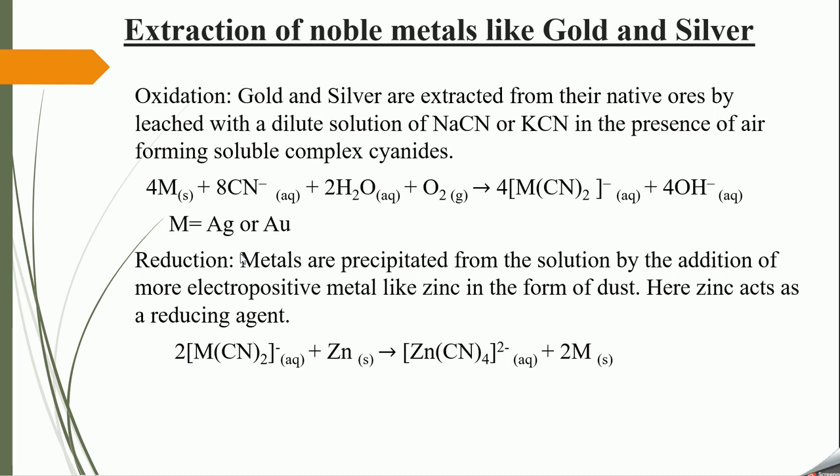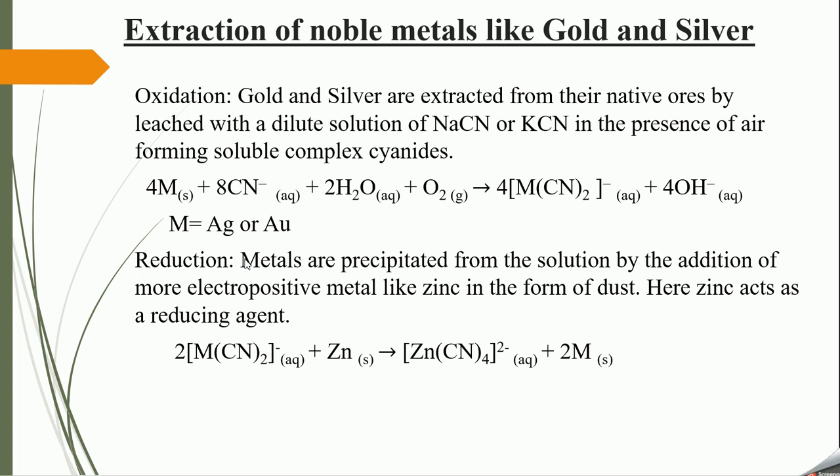Then you studied extraction of zinc from zinc oxide and extraction of zinc from zinc blende, that is ZnS. Then you studied electrochemical principles of metallurgy and its application. Then the Hall-Héroult process, that is extraction of aluminium from pure alumina.